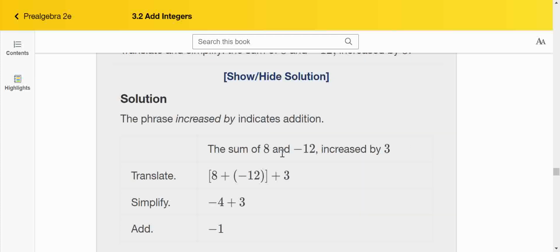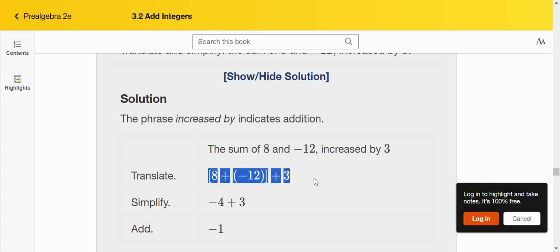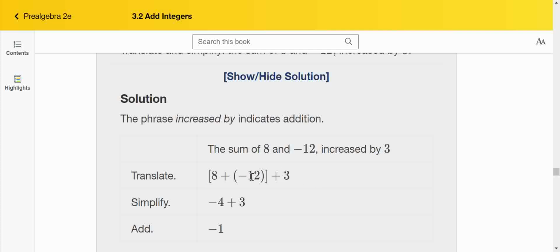The sum of 8 and -12 increased by 3. Translate. So first we organize the 8 and the -12 inside the parentheses. The increased by 3 goes outside, well, in this case, the bracket. They call this the bracket.